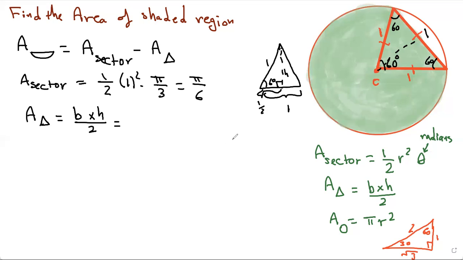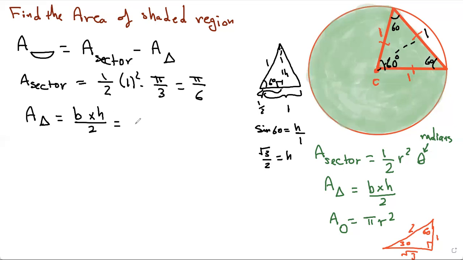So if we want to find the height here, we could do sin 60 equals the opposite, which is the height over the hypotenuse, which is 1. So basically sin 60, if you look at the special angle triangle, sine 60 is opposite over hypotenuse. So root 3 over 2. And h divided by 1, just h. So the height is root 3 over 2.